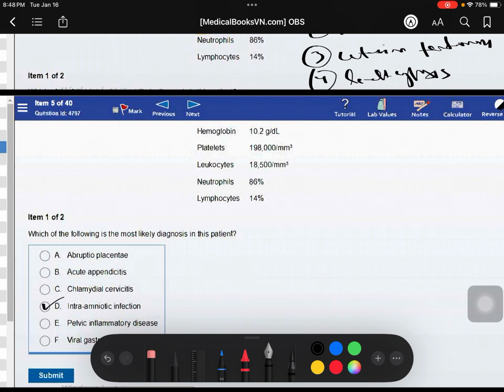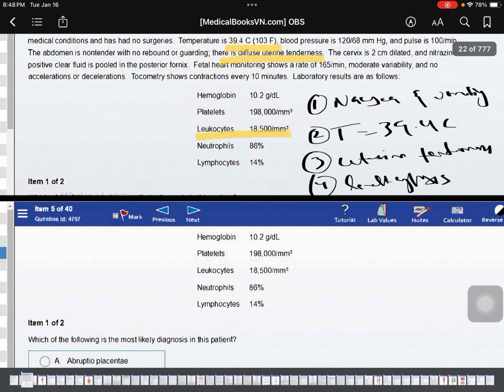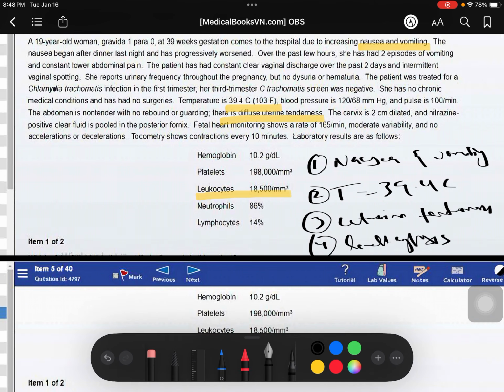And I forgot one thing. There is also another hint. We can see that the fetal heart rate is 165 per minute. This is the fifth hint, which I had forgotten.